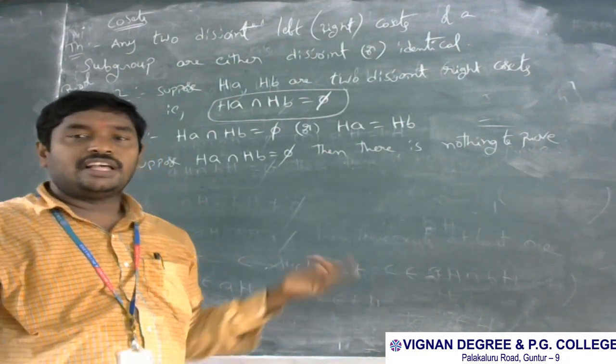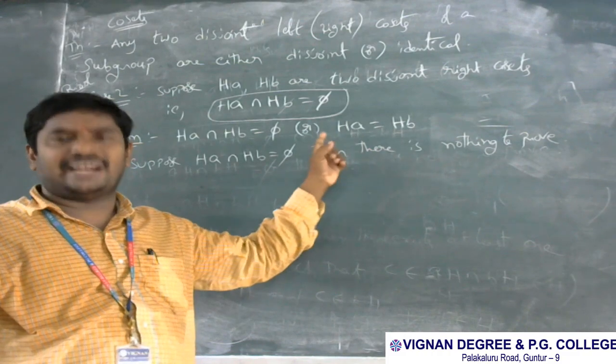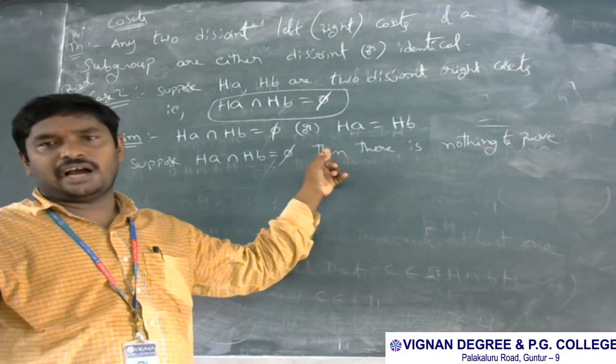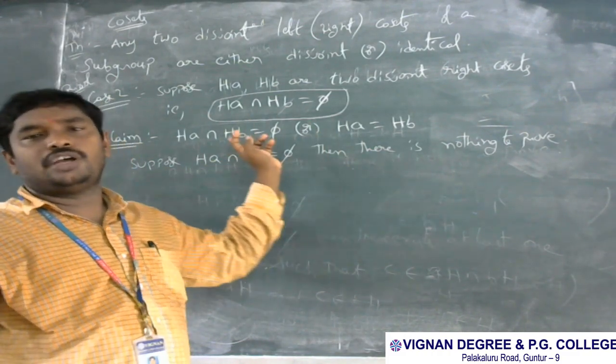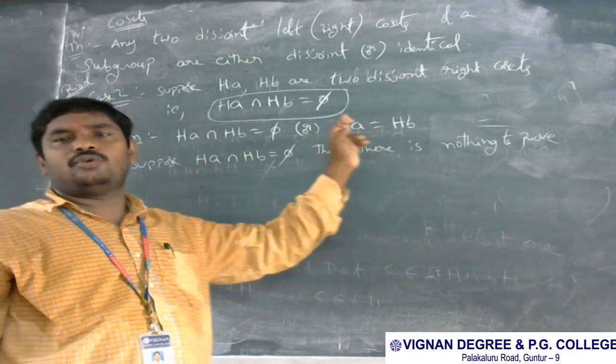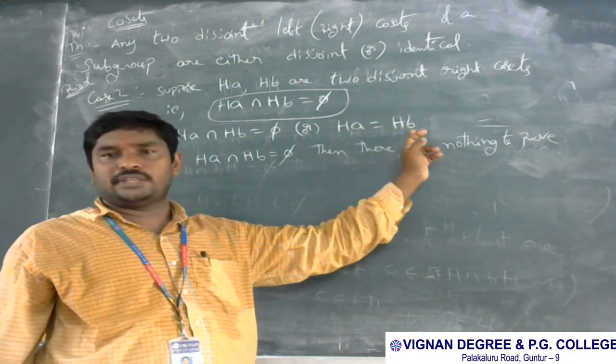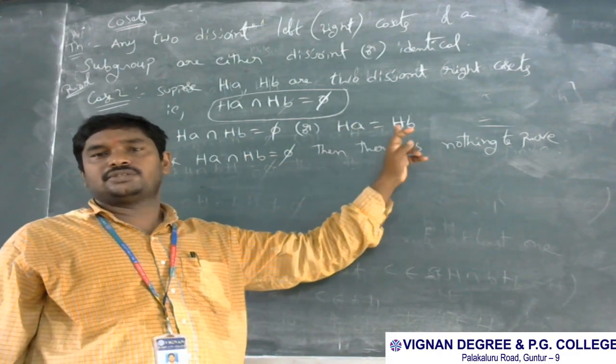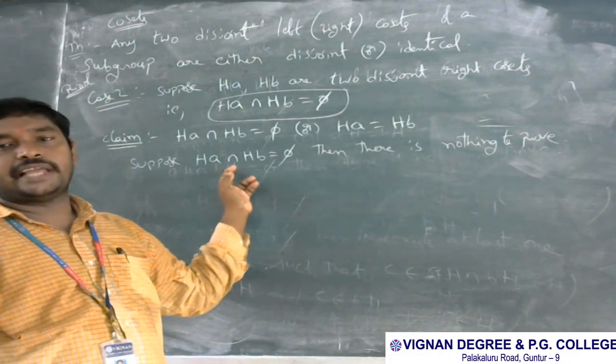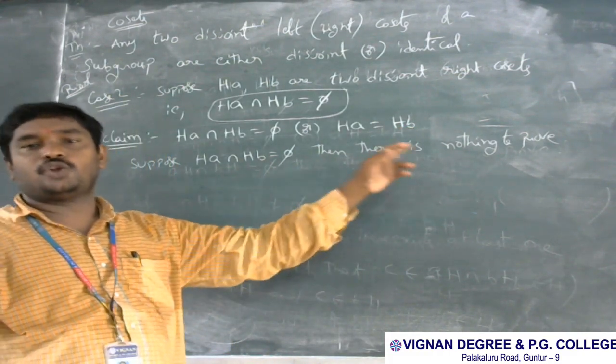Why, sir? Because we have to prove only one, not both. Or means any one. So if we take this, we have no need to prove Ha equal to Hb. That is why, if we take the empty set, there is nothing to prove.